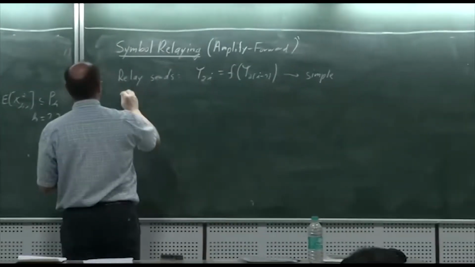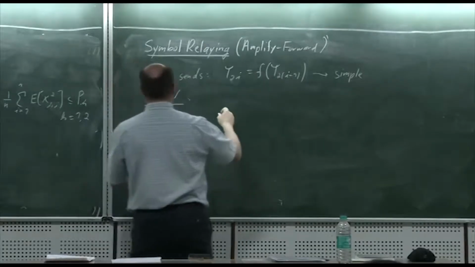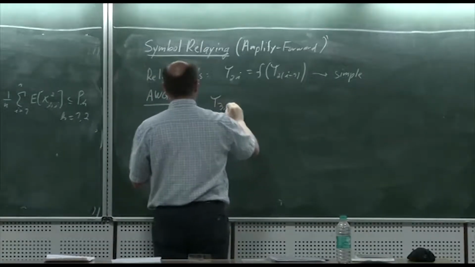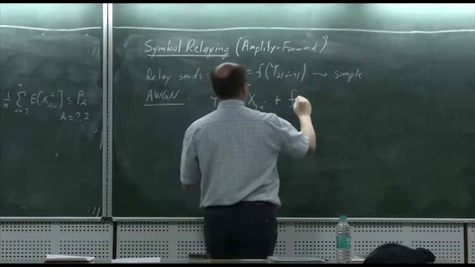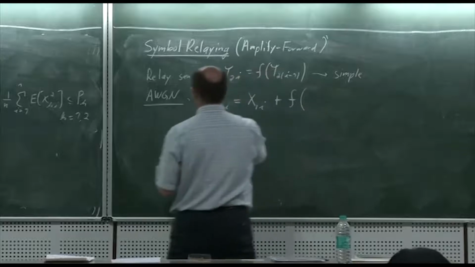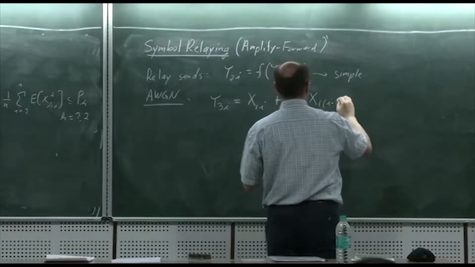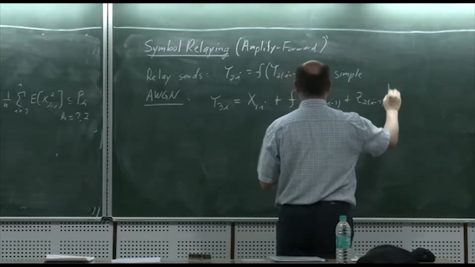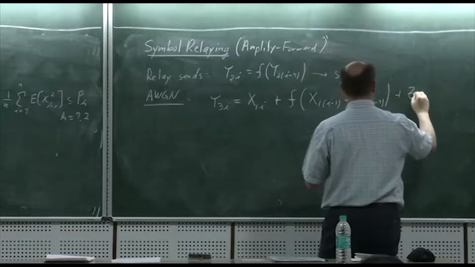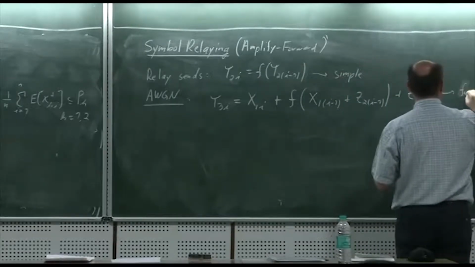Okay, so if we're looking at additive white Gaussian noise channels, this becomes simple. So let's look at this. What that means is y3i will be x1i plus some function of y2i minus 1, which is just going to be x1i minus 1 plus z2i minus 1, plus noise. So this will be the case for full duplex.